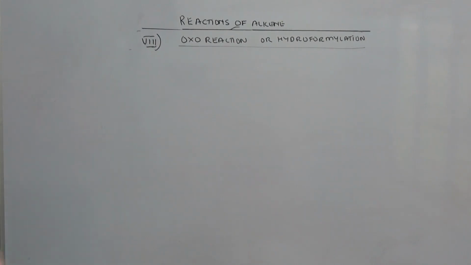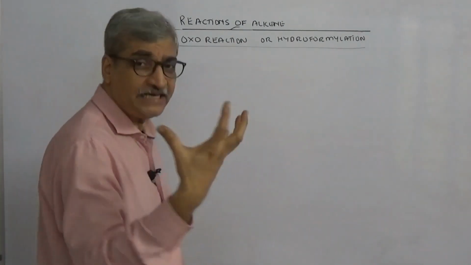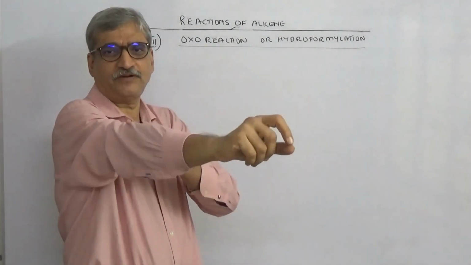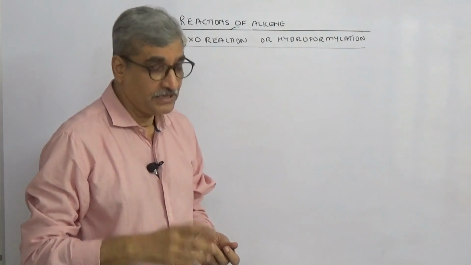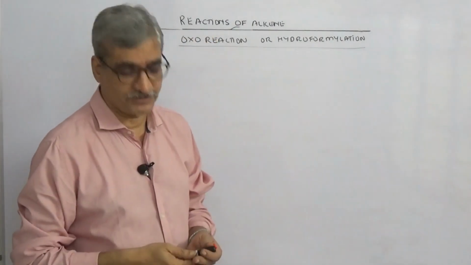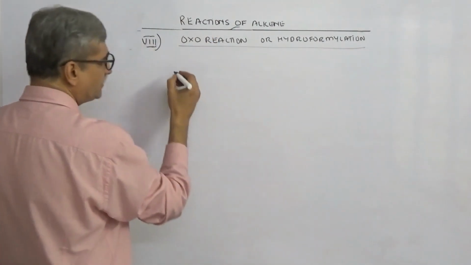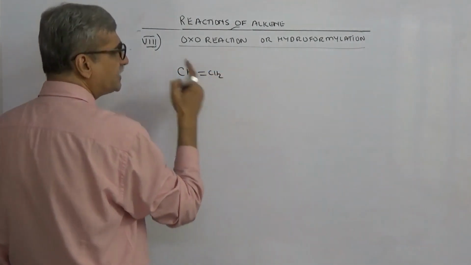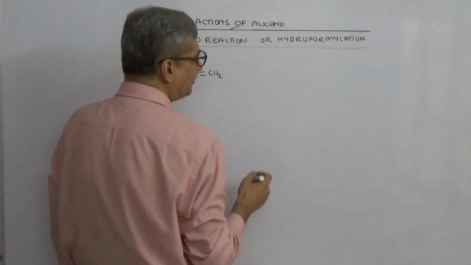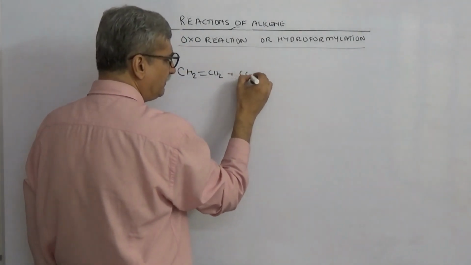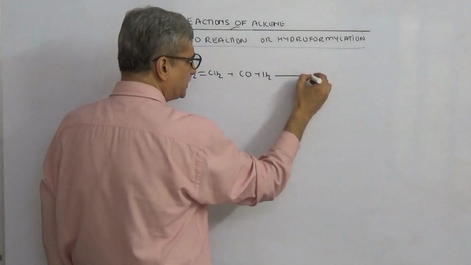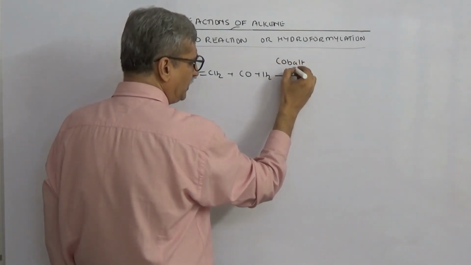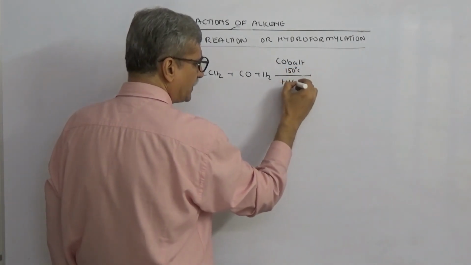Now this is a very interesting reaction of alkenes: directly you can add an aldehyde group. A quick, short method of preparation of aldehyde, because aldehydes are terminal functional groups. Is it clear? See what happens, suppose you take ethylene, CH2=CH2. This reaction is also called the oxo reaction or hydroformylation. It is reacted with carbon monoxide and hydrogen in presence of cobalt as catalyst at around 150 degrees centigrade under high pressure.